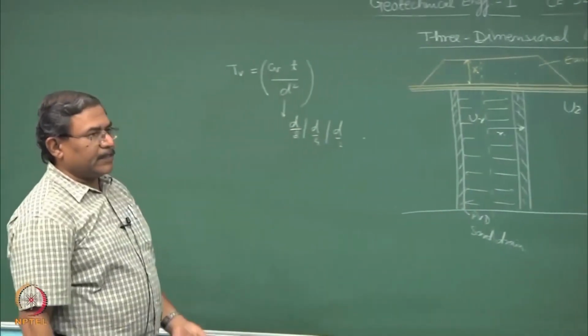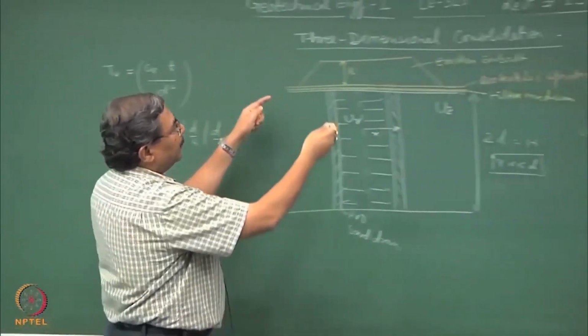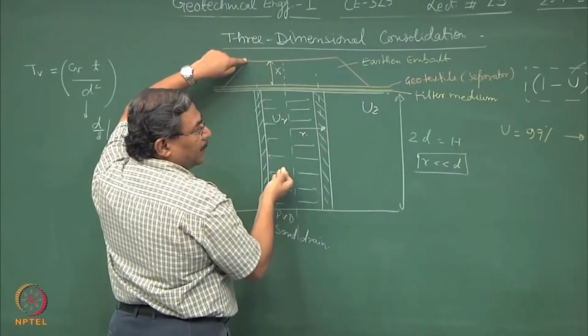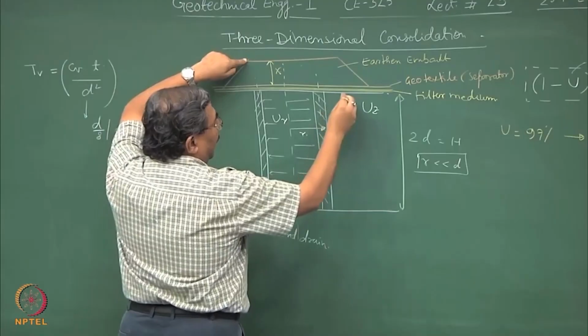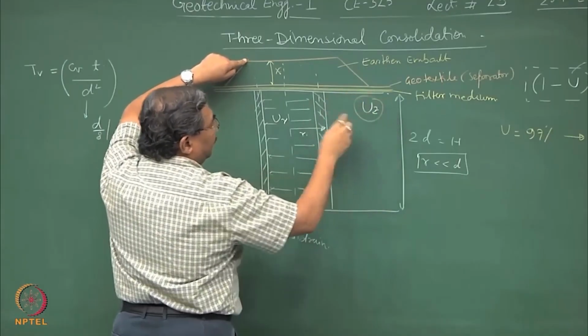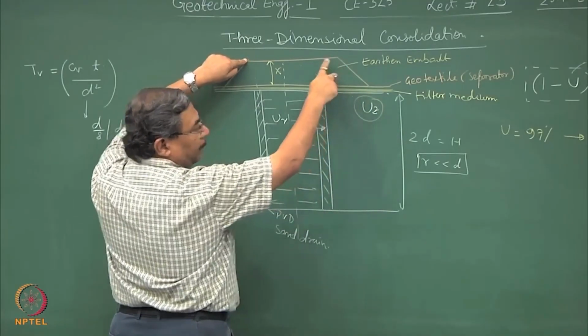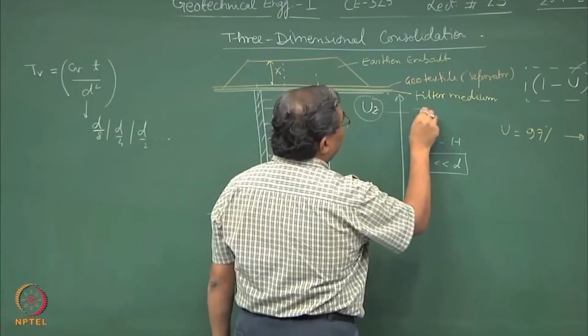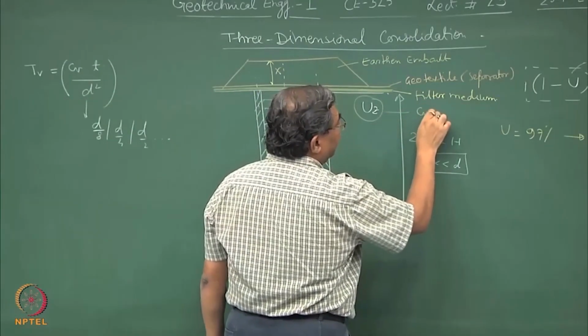Here, in the process of constructing this embankment on top of the system, which has the prefabricated drains, I have the component of UZ which comes because of the embankment and which can be analyzed by using the concept of CV. Is this okay? So, this UZ is linked to CV.